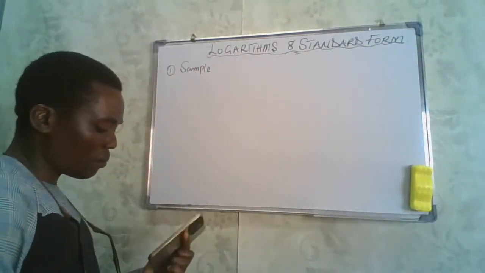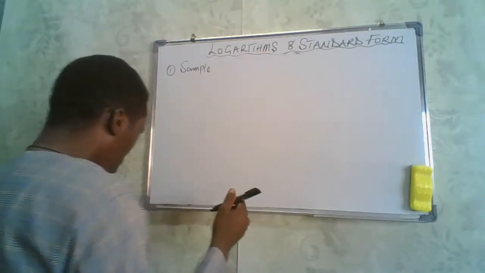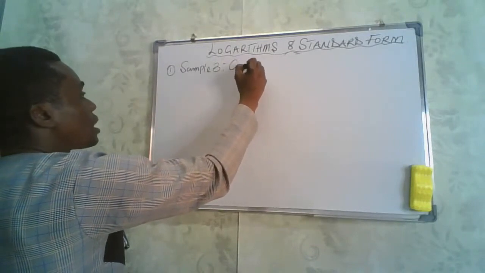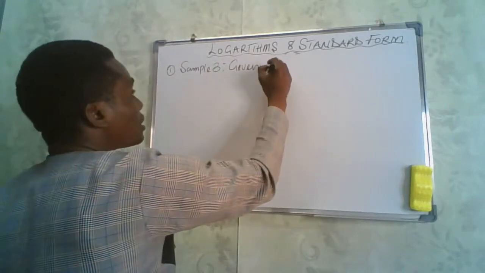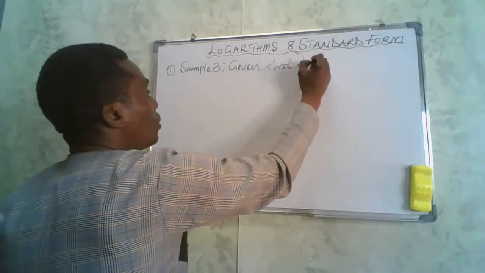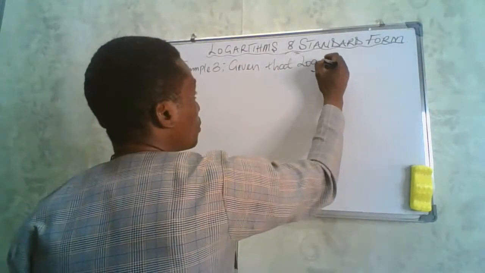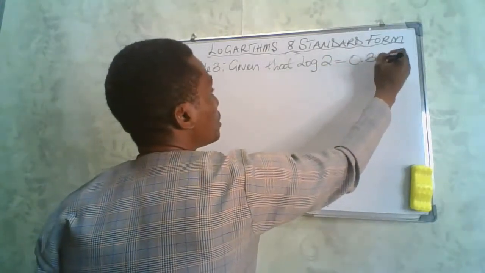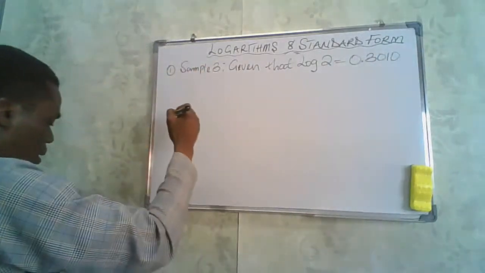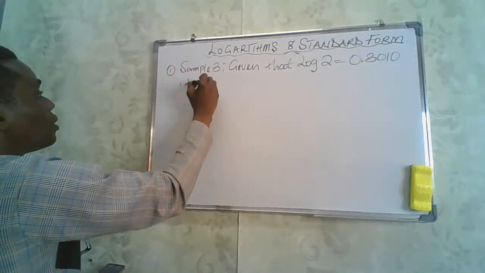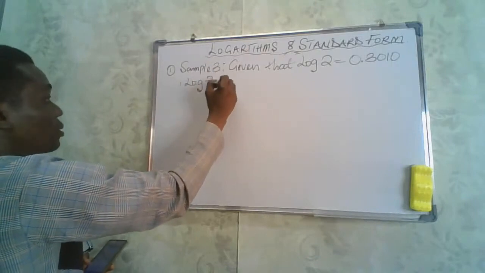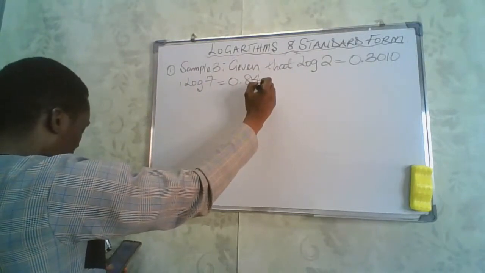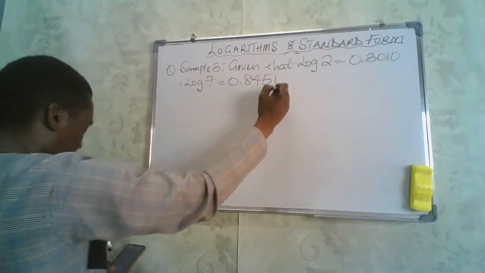Now, let's consider this sample 3. Your exams used to come out in this format. Sample 3, you can be given this kind of question: given that log 2 is equal to 0.3010, log 7 is equal to 0.8451.